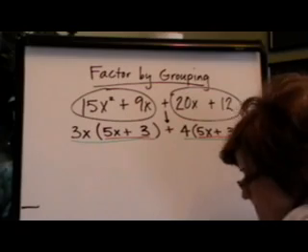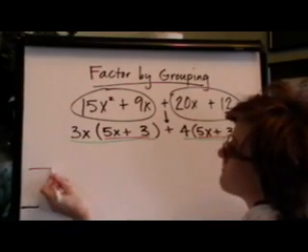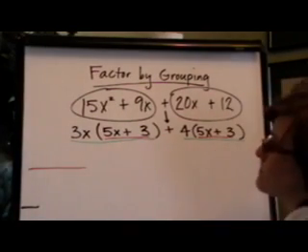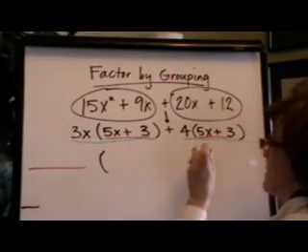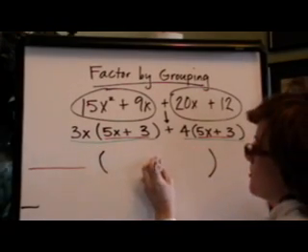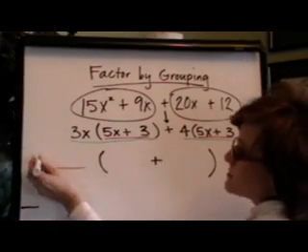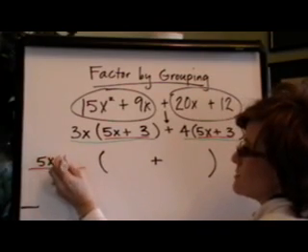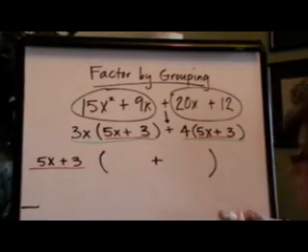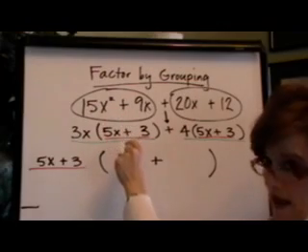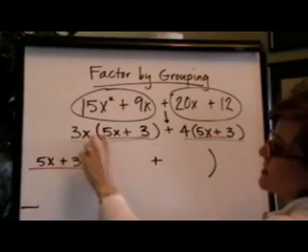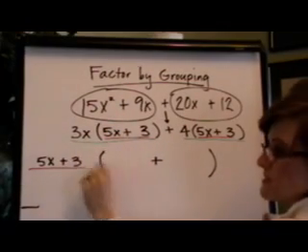Here I go. When I pull that out, I'll have a binomial remaining. So here comes my 5x plus 3 out to the front. In a similar manner as when I brought the 3x out in front of this one. That's the same thing.